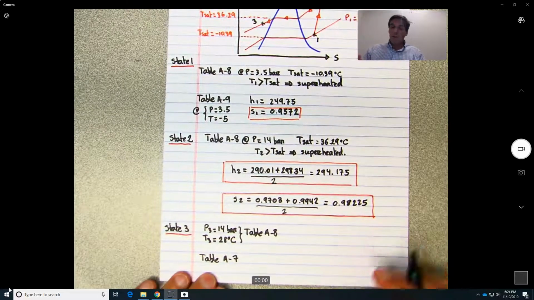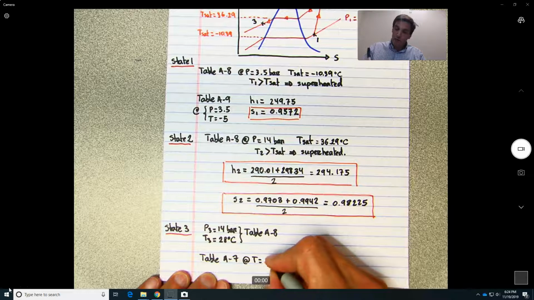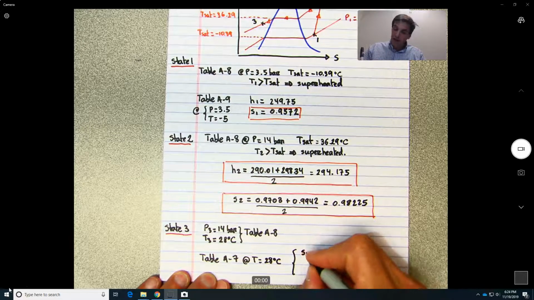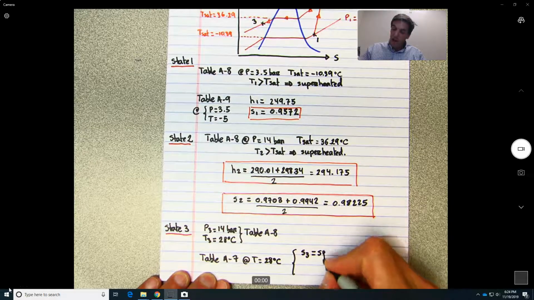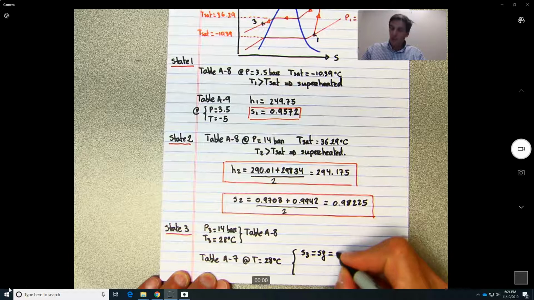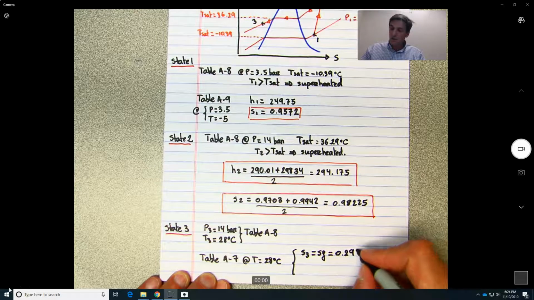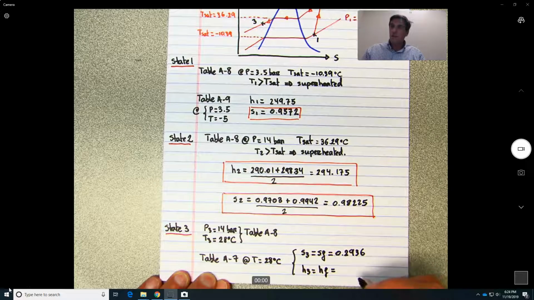So from table A7, at T equal to 28 degrees Celsius, S3 is equal to S fluid at 28, equal to 0.2936, and H3 is equal to H fluid, equal to 79.05.